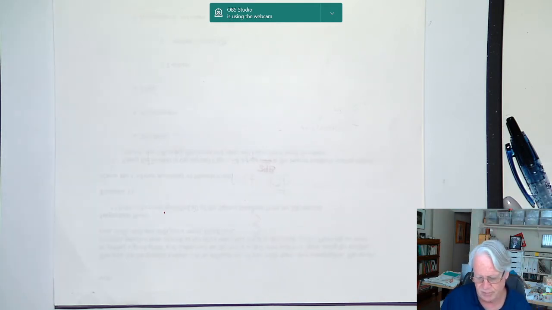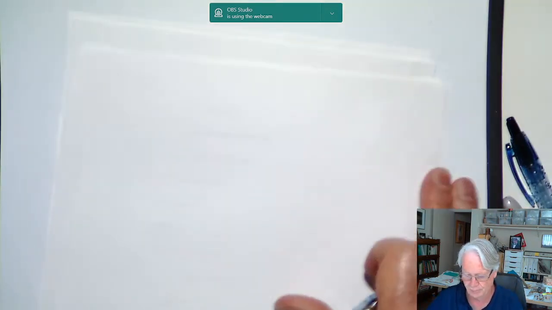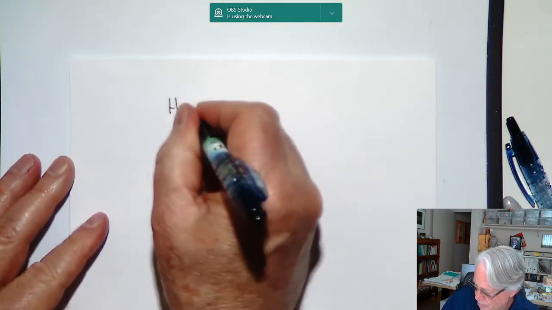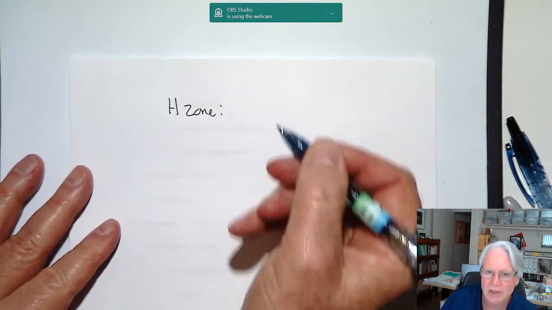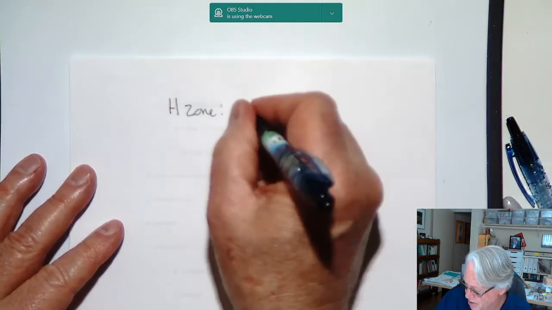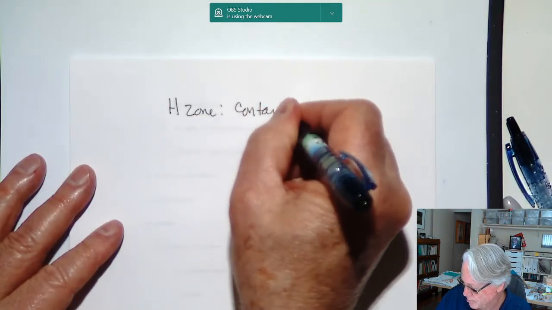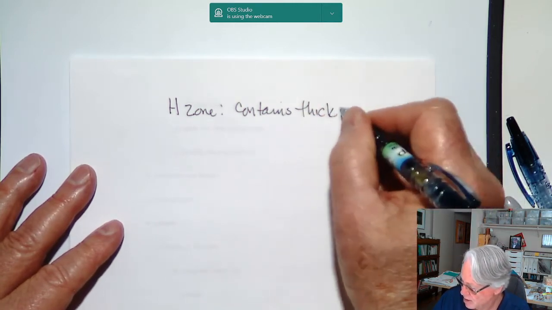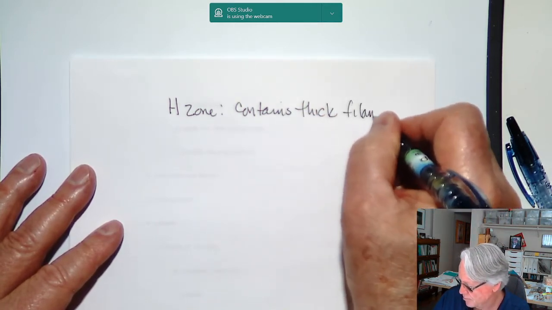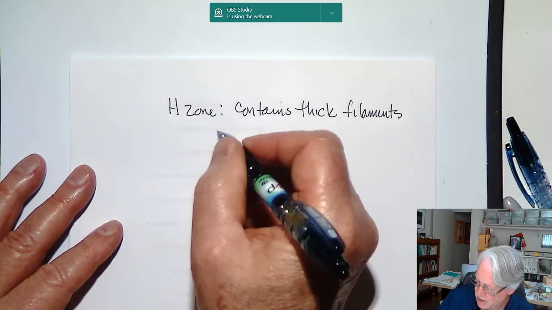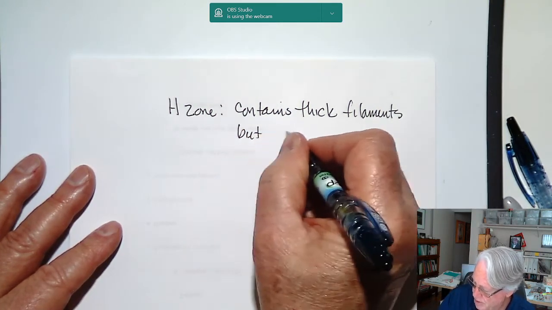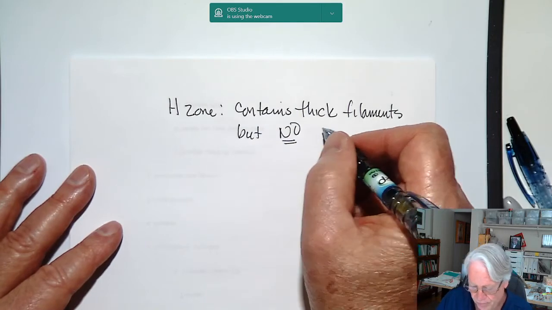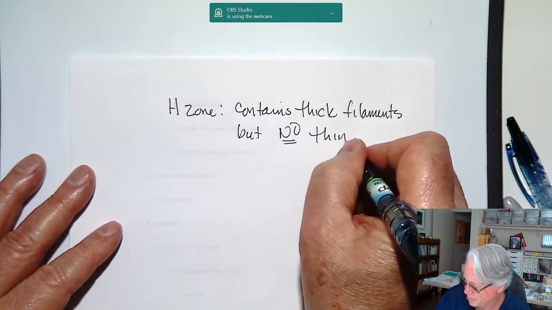Let's see. The H zone. The H zone contains thick filaments, but no thin filaments.